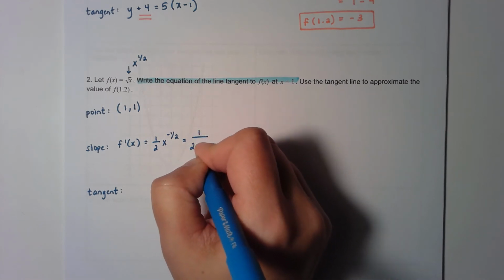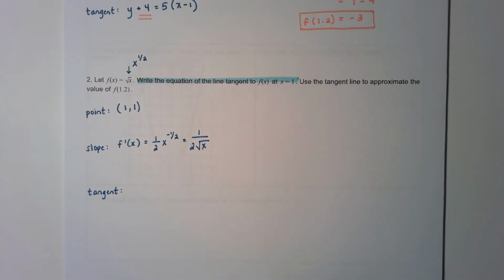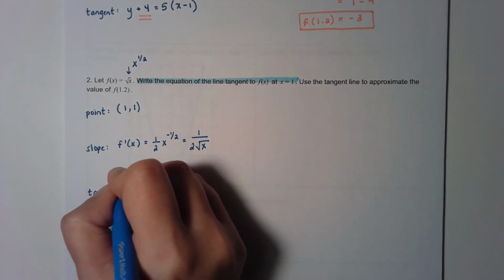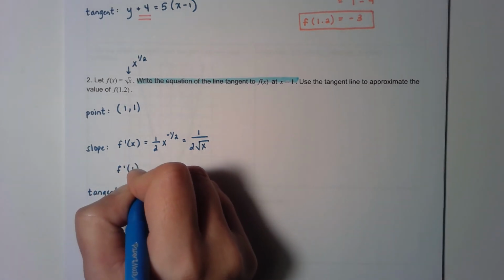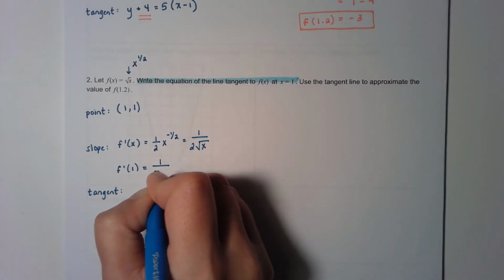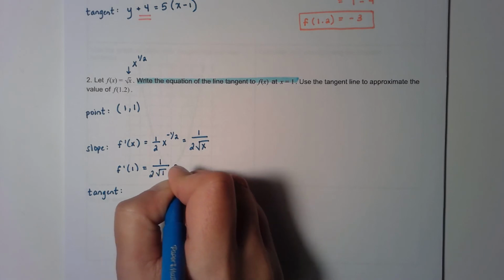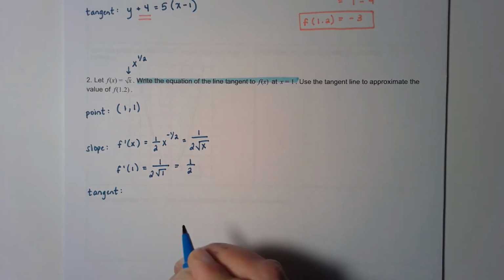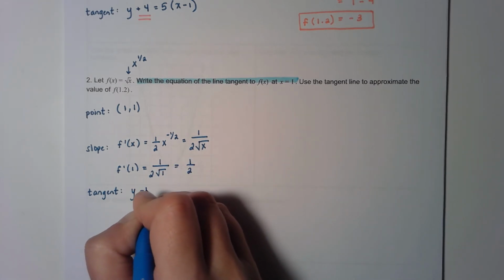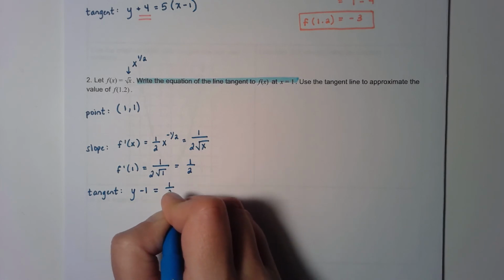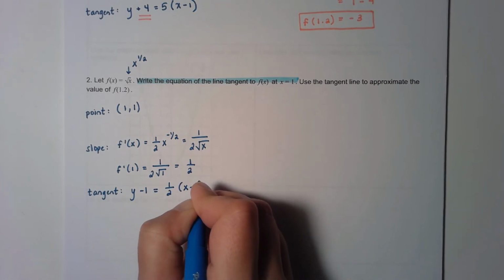So that would be 1/2 times the square root of x, which is in the denominator because it's a negative exponent, and a 1/2 is really a square root. That means that f prime of 1 would be 1/2 times the square root of 1, which would just be 1/2. So my tangent line would be y minus 1 equals 1/2 times x minus 1.